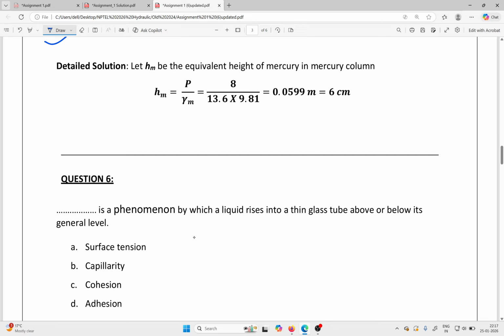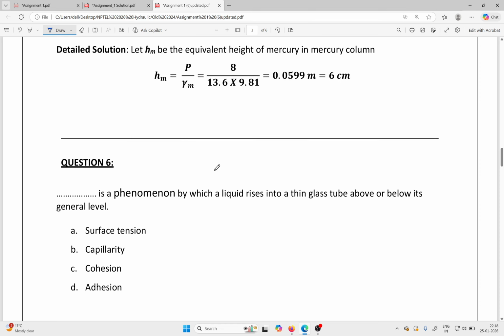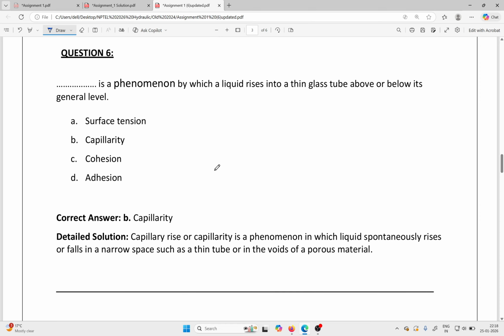So, what will be the correct one? Surface tension, capillarity, cohesion, adhesion. It is your capillarity. Remember, please.